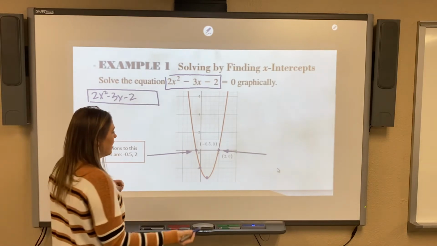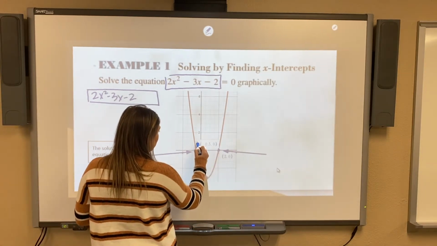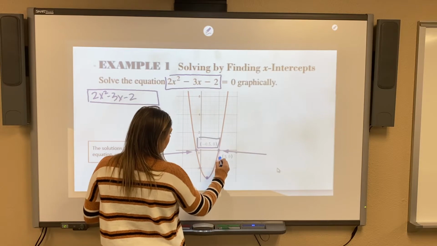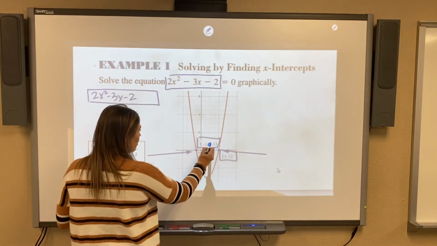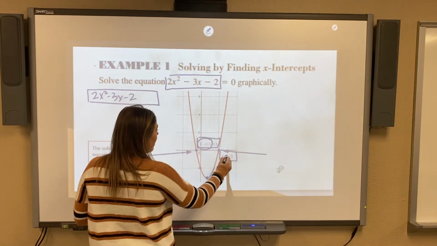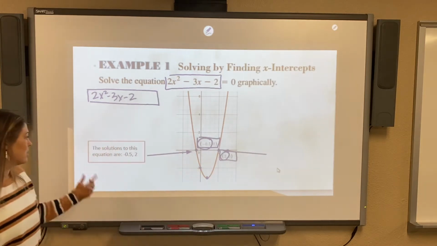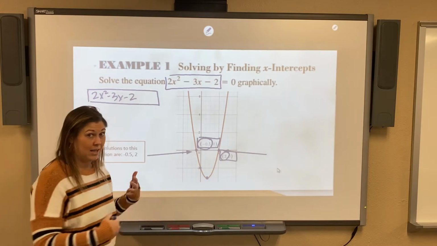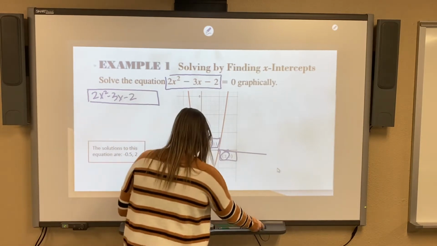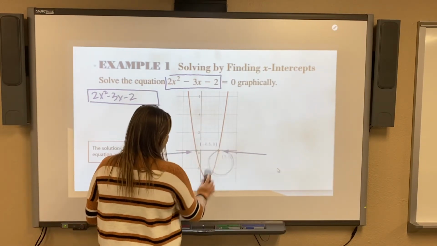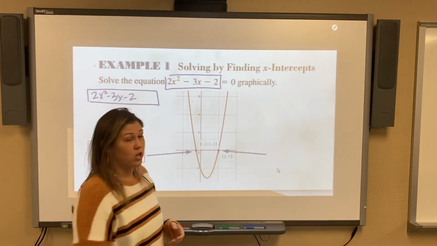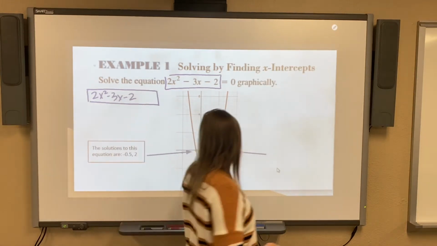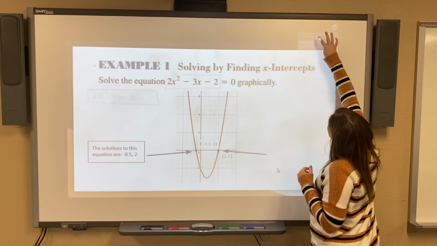If we tap these, solution boxes pop up, which tells us the solutions are -0.5 and 2. So the solutions to this equation are -0.5 and 2. That's all you have to do. Desmos just does it for you. You just graph it, and your solutions are wherever it crosses the x-axis, which in this case are those 2 points.